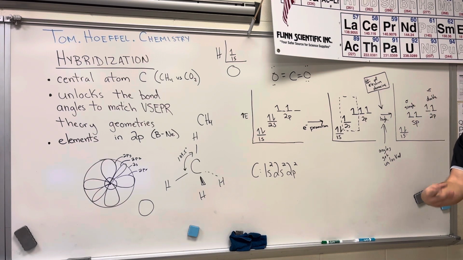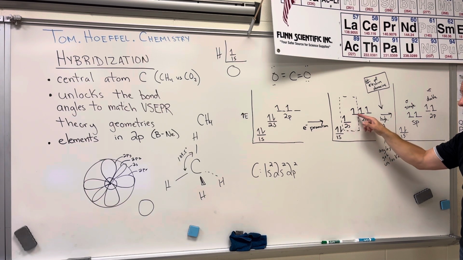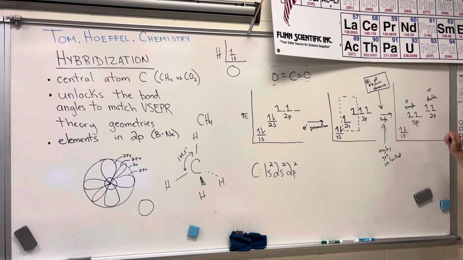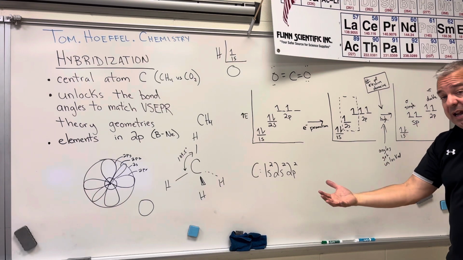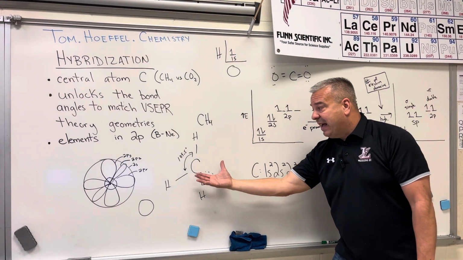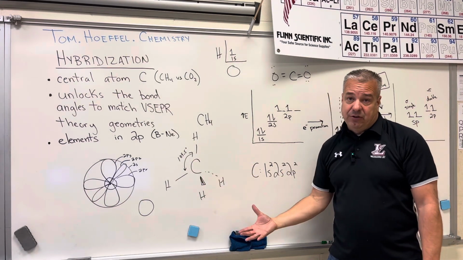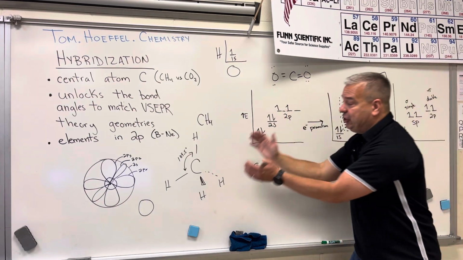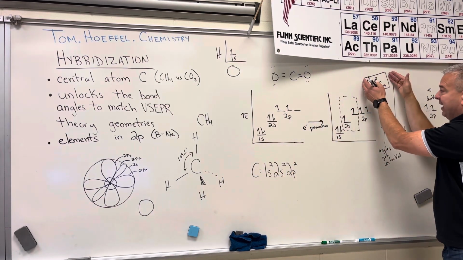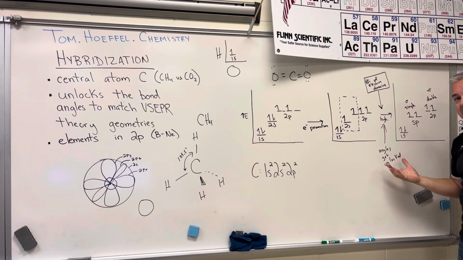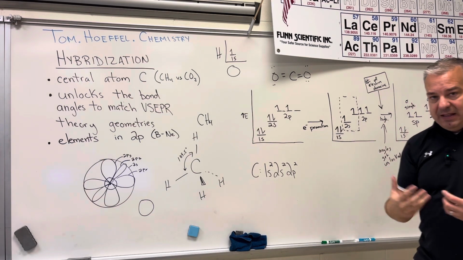If you wanted 3 domains, you would grab 1 s and 2 of the p's, and then you'd have sp2 hybridization, and that would be trigonal planar. If you grab all of them, that's going to be sp3 hybridization, like we did with CH4, and the shape that you'll get out of that is tetrahedral. So the shape, number of electrons, and the type of hybridization that occurs are all related.